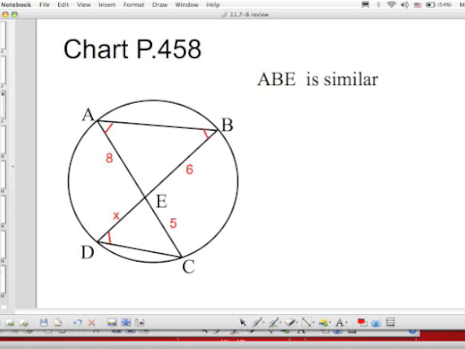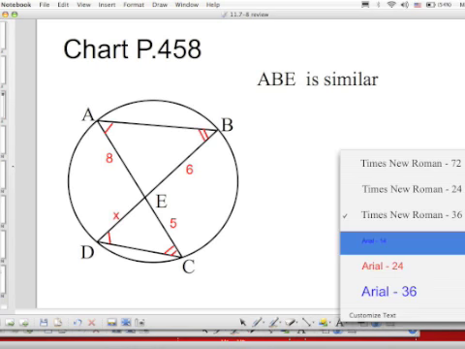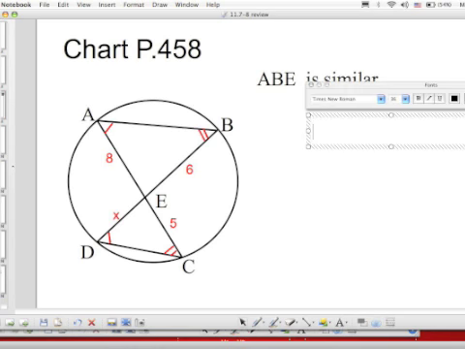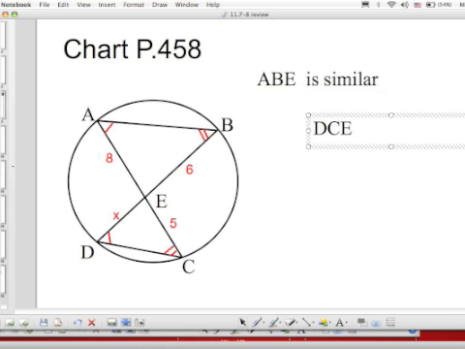If you look at angle B, it is an inscribed angle intercepting arc AD. Do you see another angle intercepting arc AD? Yes, it's angle C. And then we have angle E that equals itself because it is a vertical angle. So, ABE is similar to DCE.